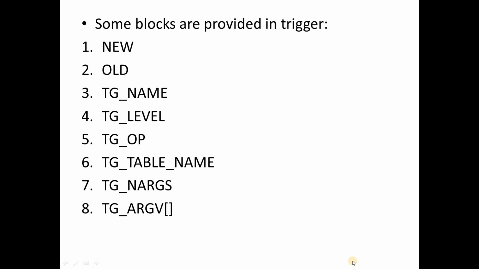And then TG_NARGS means number of arguments. This TG_NARGS holds the number of arguments which will be passed to your trigger. And then TG_ARGV, that means the actual arguments which will be passed to your trigger, those arguments are held in this variable. And this is an array type of variable. I hope you understood.